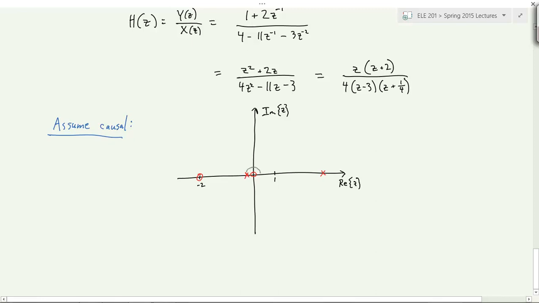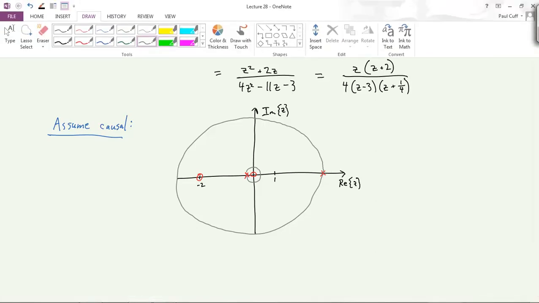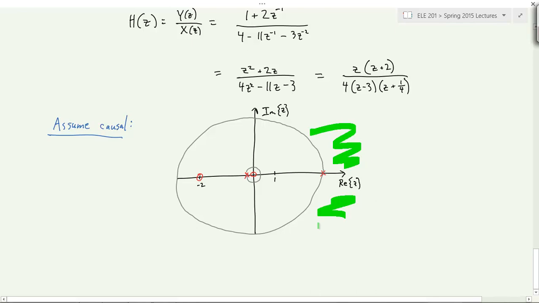If we didn't know it was causal, we would have 2 possible boundaries of the region of convergence, right? We could be the very inward one, which would be the left-sided impulse response, the one in between, which is a 2-sided impulse response, or the outside one. But because it's causal, it's going to be the outside one. So this is the region of convergence.